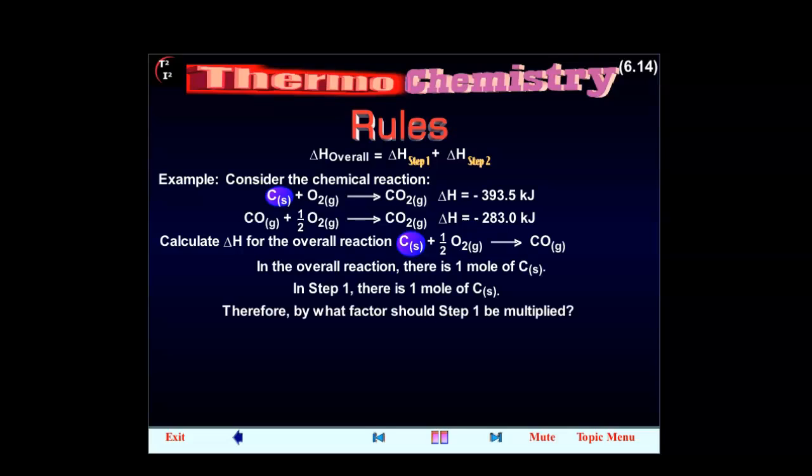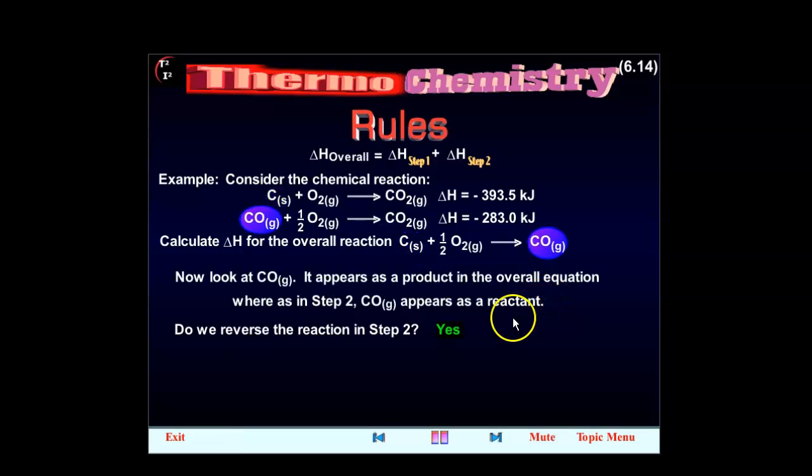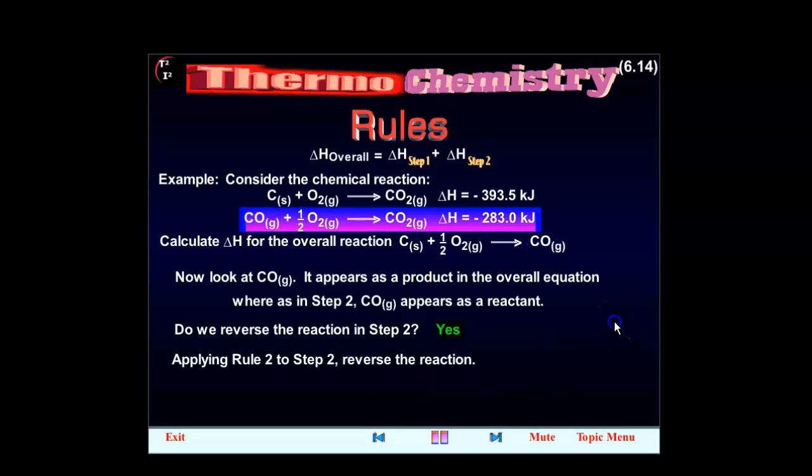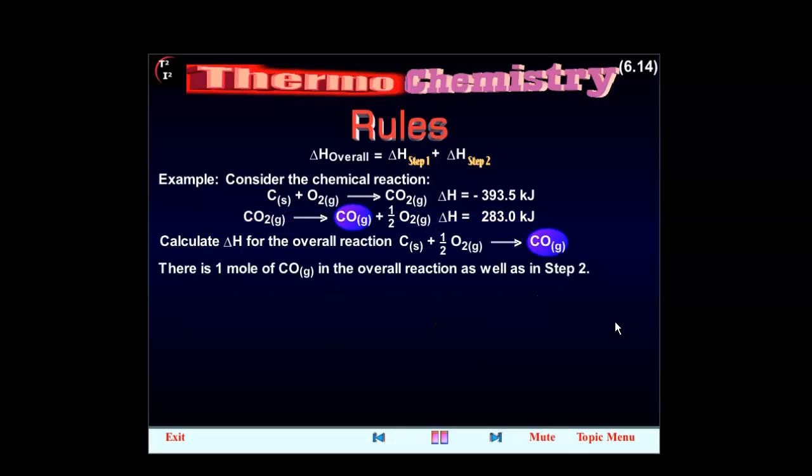Therefore, by what factor should step 1 be multiplied? Applying Rule 2 to step 2, reverse the reaction. There is 1 mole of carbon monoxide in the overall reaction as well as in step 2. Therefore, by what factor should step 2 be multiplied?